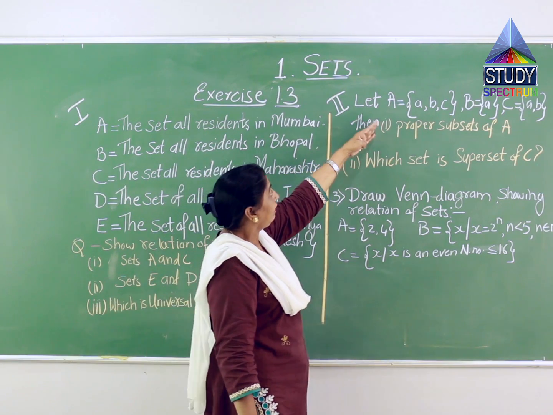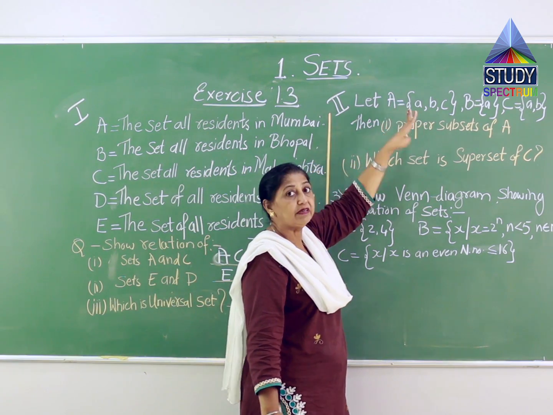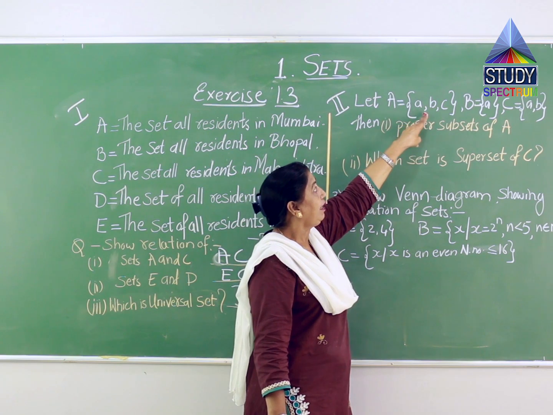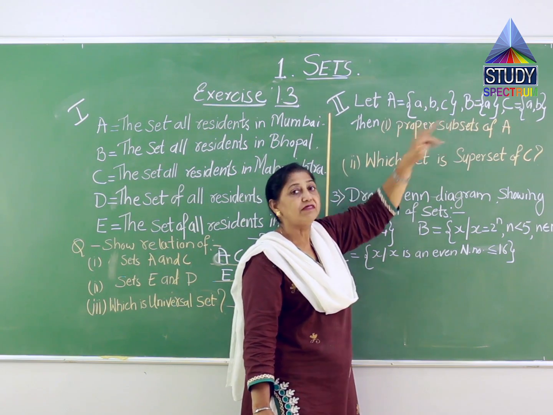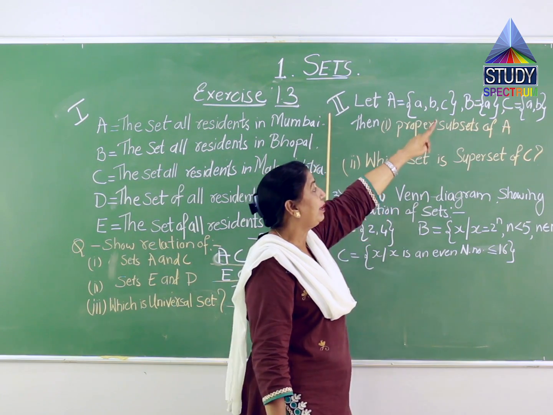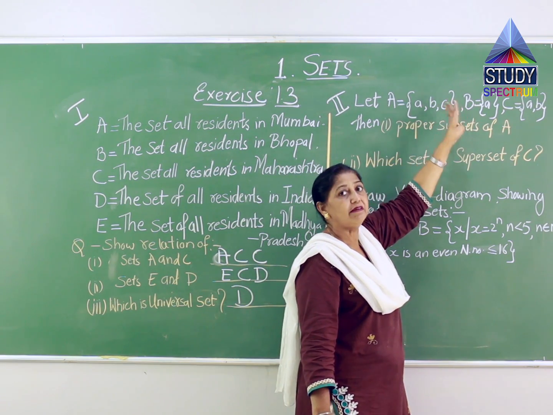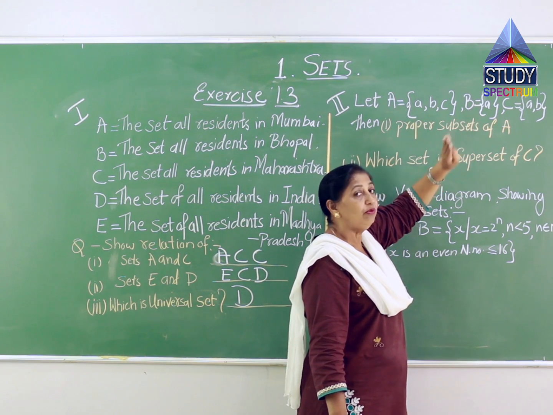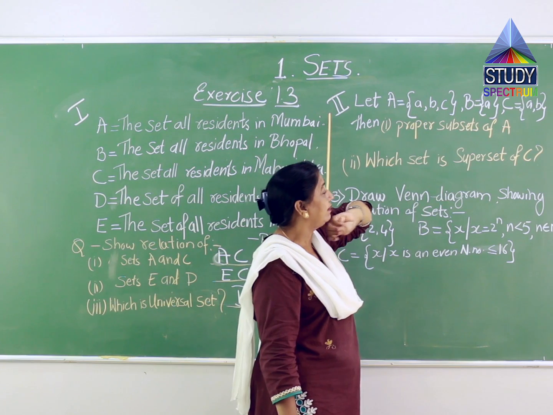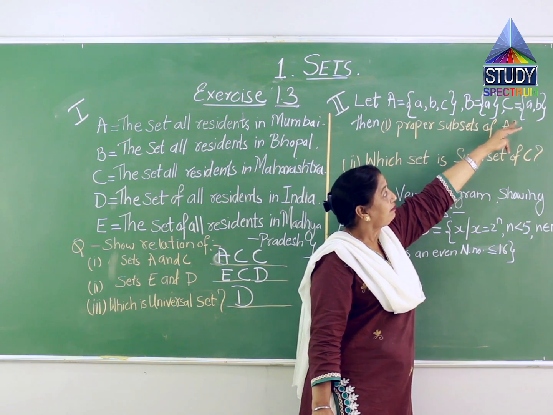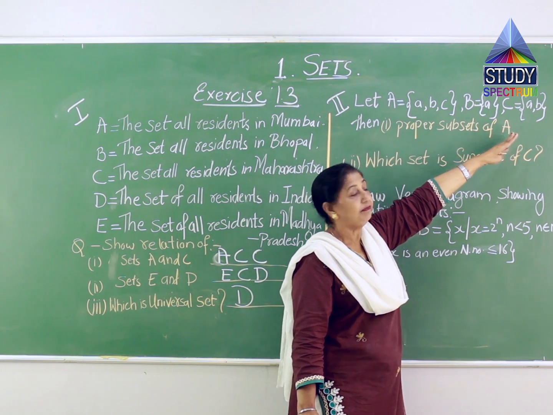Let A be a set which consists of three elements, a, b and c small. And then there is a B set which consists of only one element, a. We can say that it is a singleton set. As you know, a set containing only one element is known as a singleton. Now C is another set which consists of a and b.